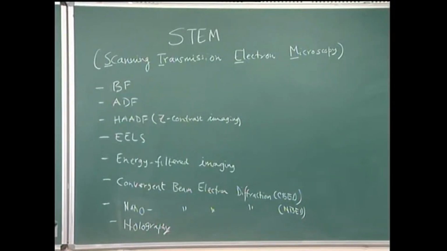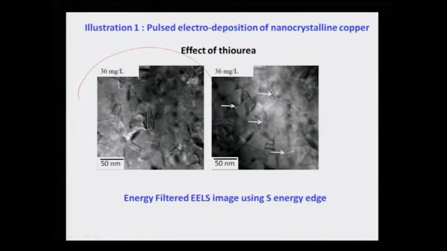To show that, one can use what is known as energy filter imaging using EELS. As I said, EELS can be used to filter out or obtain images for the electrons which have lost a particular amount of energy. The left side of the picture shows the normal bright field image, and the right side is taken using the sulfur energy edge, that means the electrons which have lost energy corresponding to the sulfur energy edge in EELS, used to obtain the bright field image.